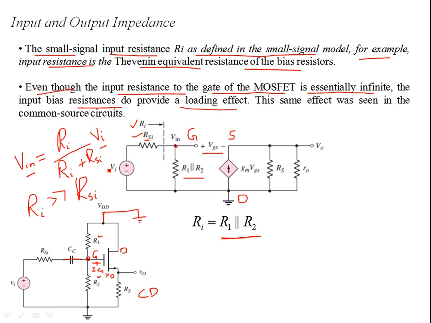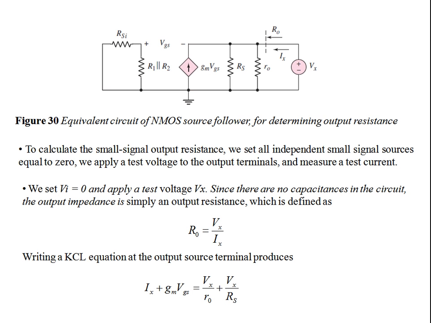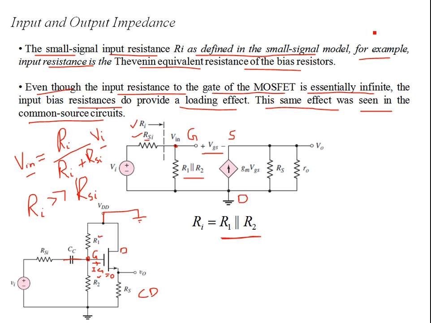This same effect was also seen in the common source circuits. It depends again on how large the biasing resistances are compared with the source resistance. If RSI is small, in both the common source and common drain configurations, the loading effect can be minimized. Now that was for the input resistance.